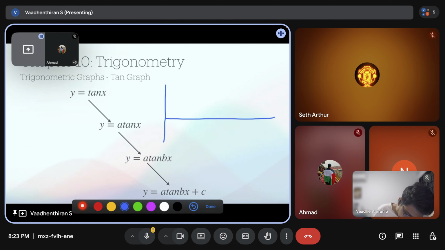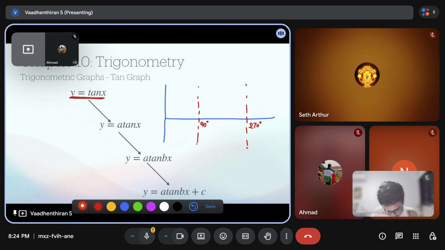When you draw a tan graph, you will have two asymptotes for y is equal to tan x. So this is the general graph. One is at 90 degrees, and one is at 270 degrees. So what does this asymptote mean? This is an imaginary line. So the graph won't touch this line. Whenever you're drawing the graph, you should not touch this line because there's no value for tan 90.